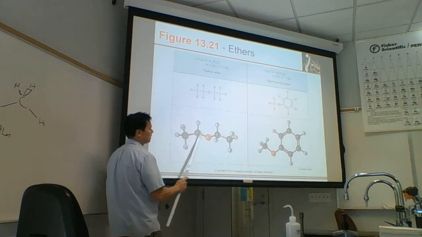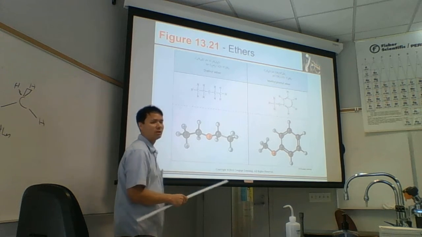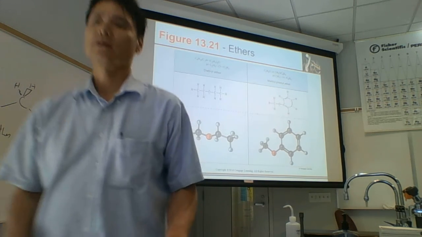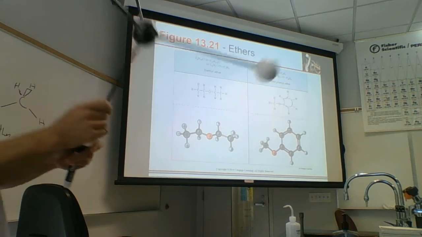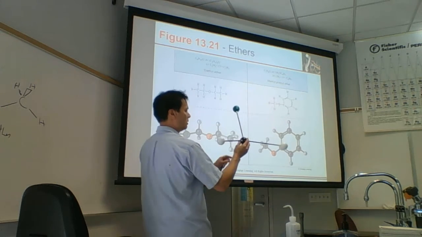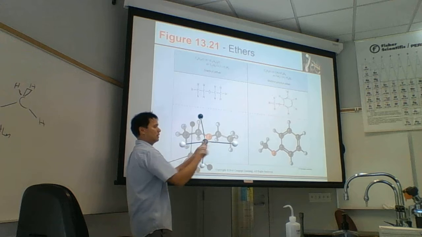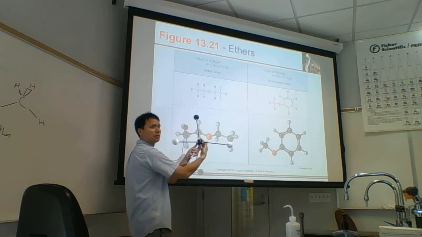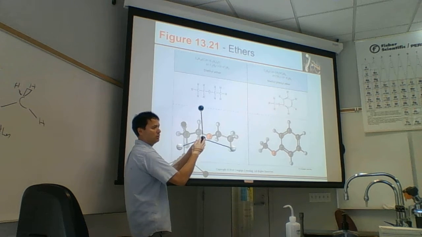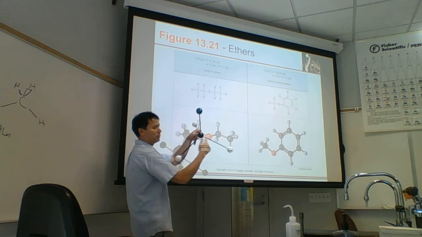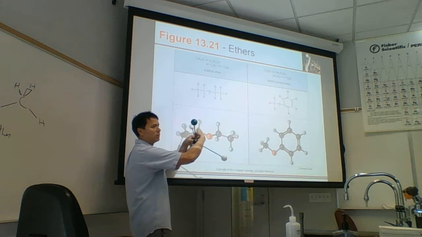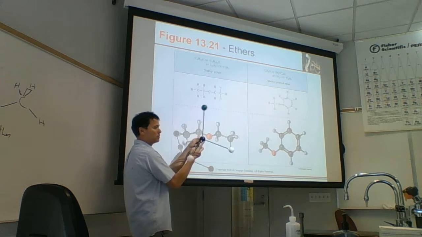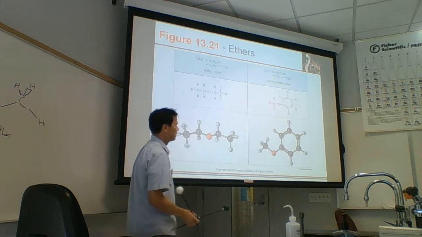There should be 2 in the plane, but there are none in the plane because they're showing 2 sticking out and 2 sticking in. Usually we tilt it so that we get 3 in the plane, 1 coming out, 1 going in.